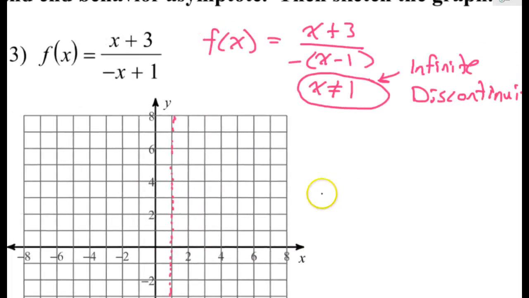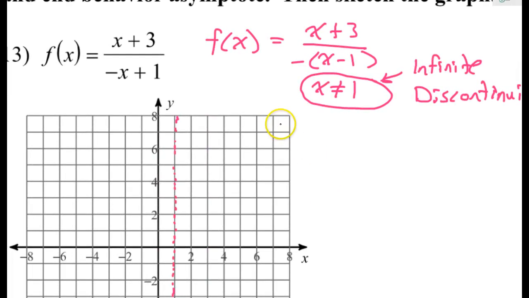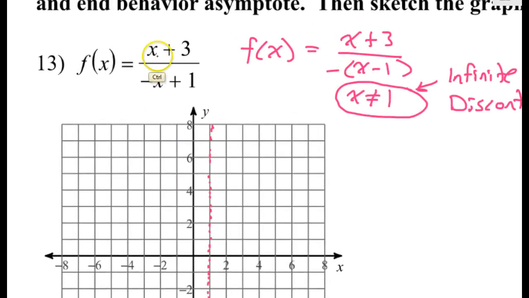Now, as long as we're talking about asymptotes, will there be a horizontal asymptote? Whenever the degrees are the same in the numerator and the denominator, see how this has degree 1 and this is degree 1 as well? Whenever the degrees are the same, you will have a horizontal asymptote, and it's going to be formed by the coefficients of these terms.